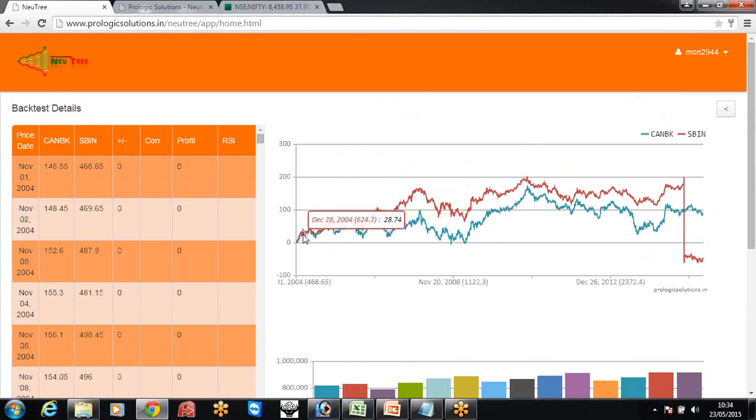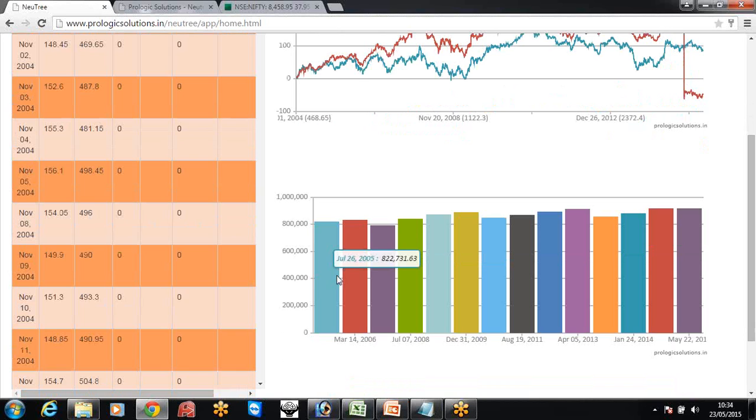Now here you can see the backtested data from 2004 to 2015, which is currently running. This steep fall you are seeing in SBI is because of the split. So you have the Canara Bank and SBI backtested data here for 10 years. And these are the bars which will approximately tell you what your investment will be in that particular trade.